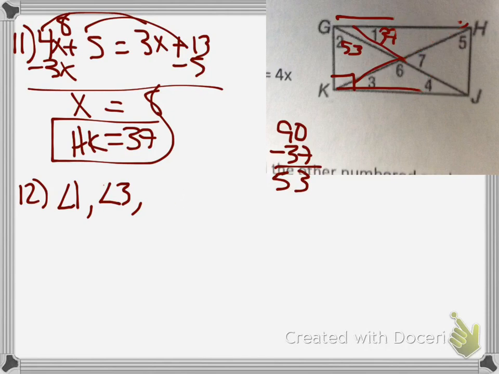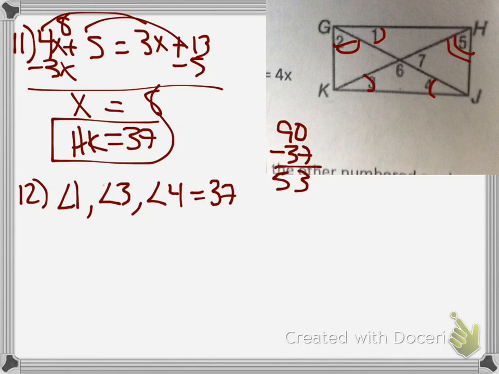Whoops, that's not what I meant to erase. Okay, so that tells me this one is congruent to angle 3 like that. Angle 2 is congruent to angle 5. So if angle 1 is 37, all of these are equal to 37. Angle 2 and angle 5 are equal to 53.